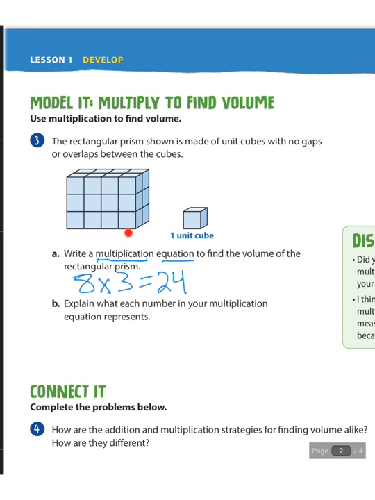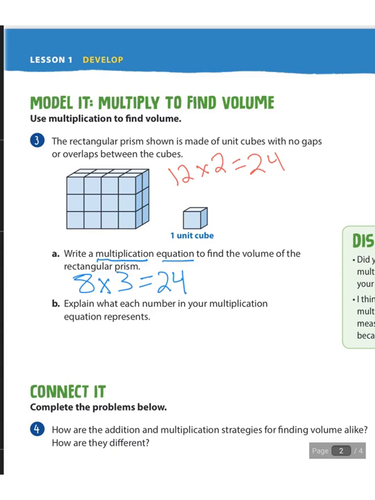Now, there are some other ways that you could do this. Some students noticed that if you split this in half, this front face of the prism has 4, 8, 12 unit cubes. So some people said, well, there's 12 on that front half, I can multiply that by 2 and get 24. That's fine. You're absolutely correct.